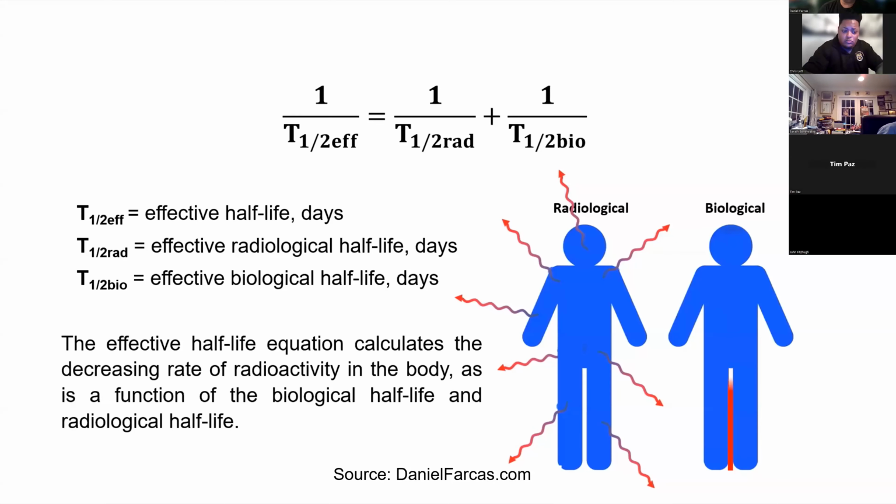The radiological half-life is the time required for the substance to decay or transform into a non-radioactive element, although the substance still remains in the body until it is eliminated.